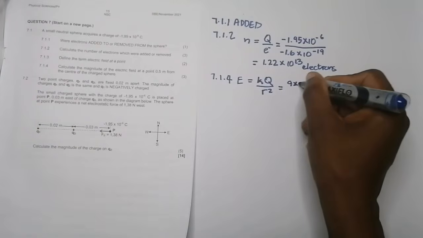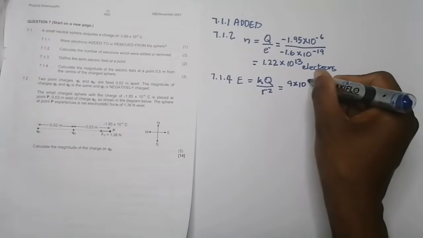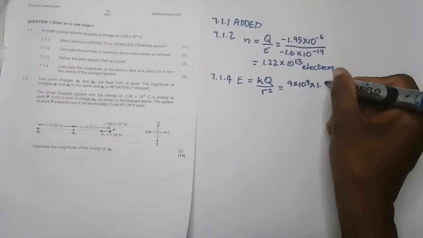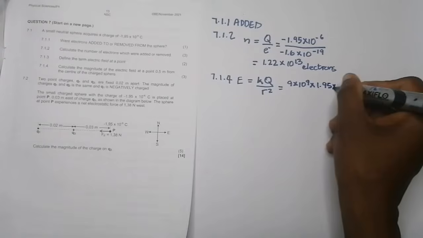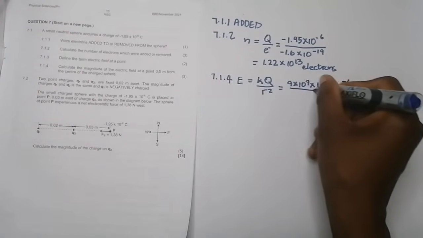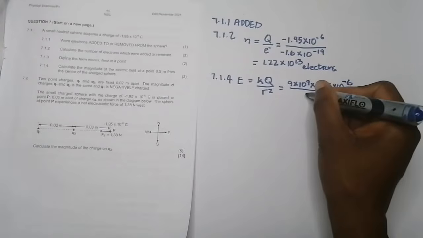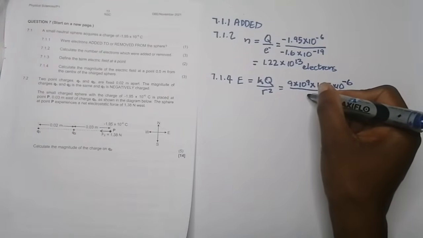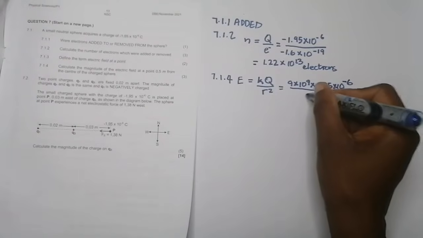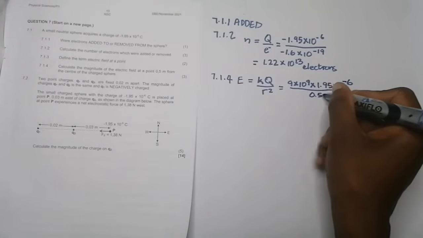So this is going to be 9 times 10 to the power 9, the charge was given as 1.95 times 10 to the power minus 6, divided by the distance between them, which was given as 0.5.